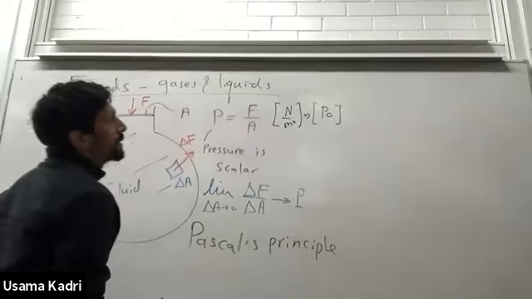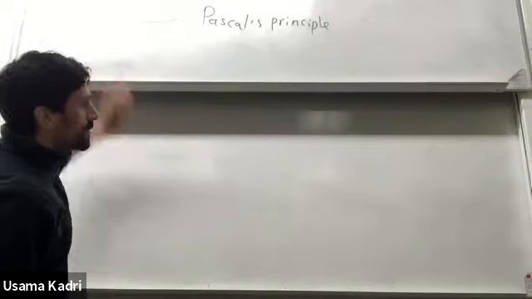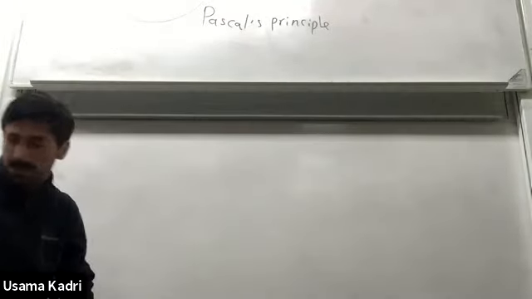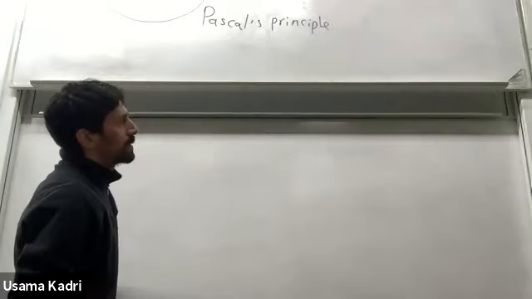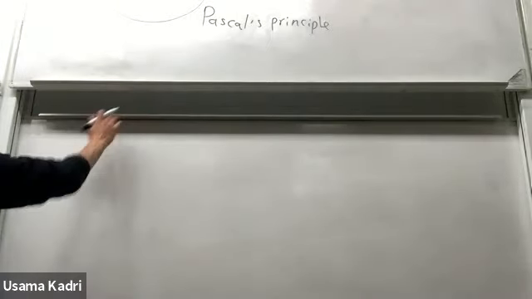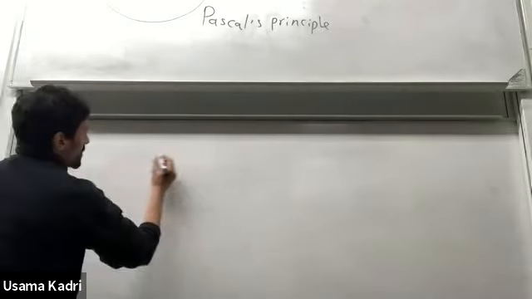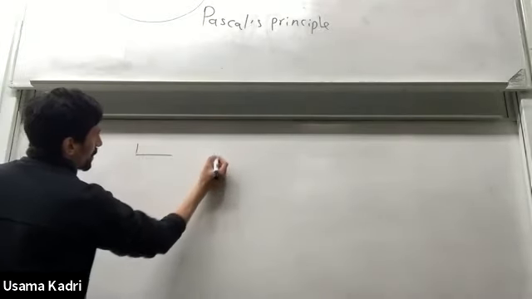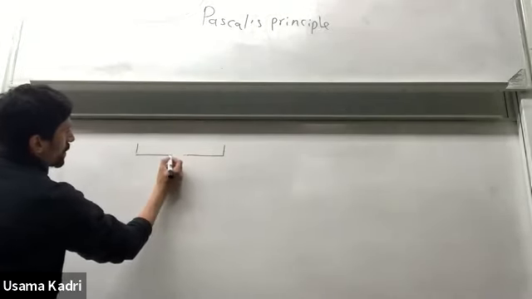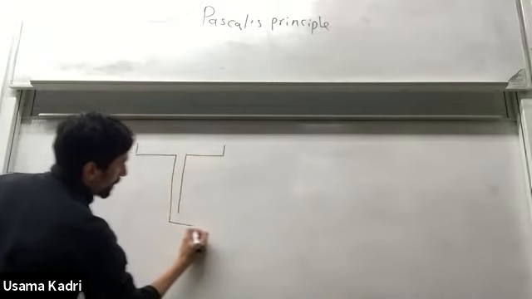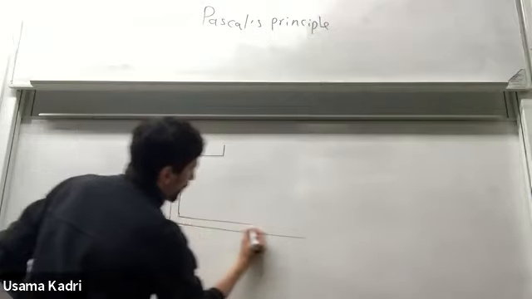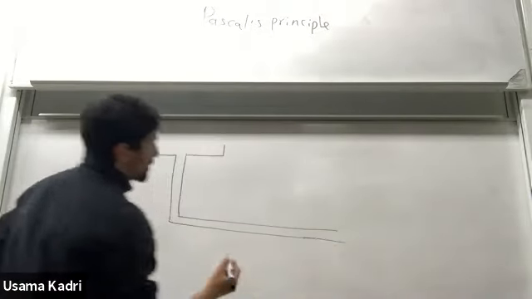To start with, let's take something that you might be familiar with, which is the hydraulic jack, the classical example in classical mechanics. So you have this kind of device. It's made of two sides connected by some fluid.